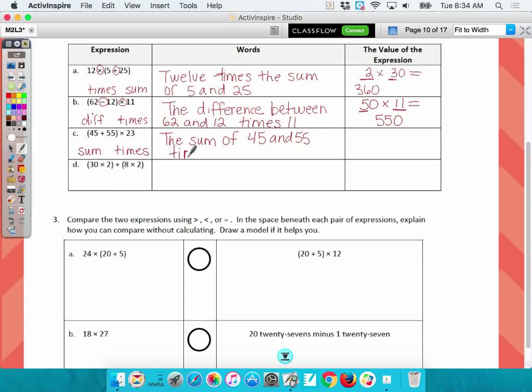Okay, what'd you write? The sum of 45 and 55 times 23.